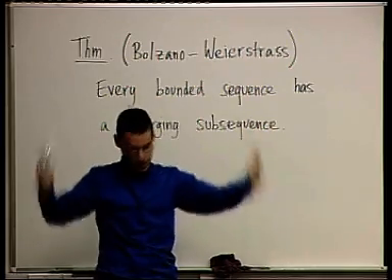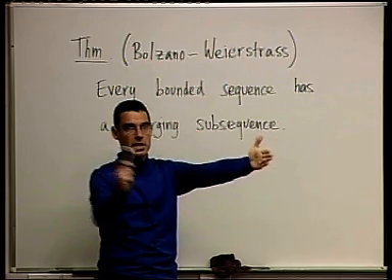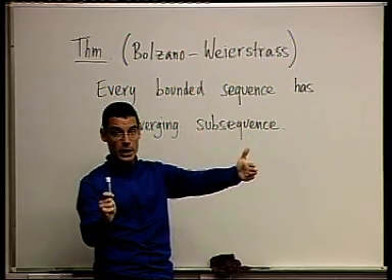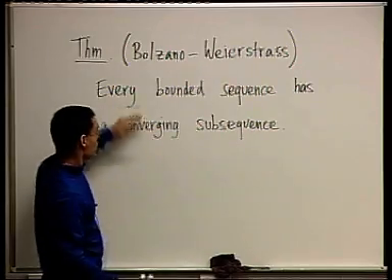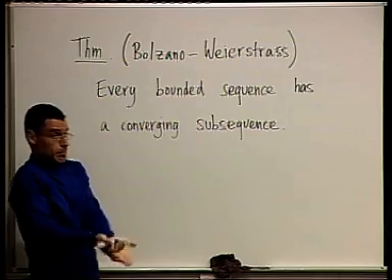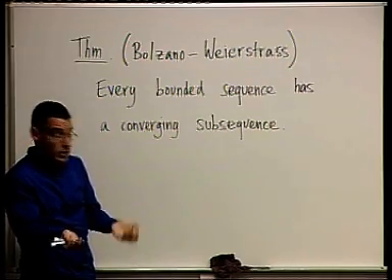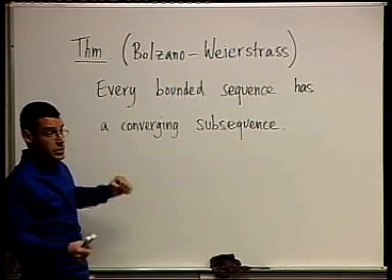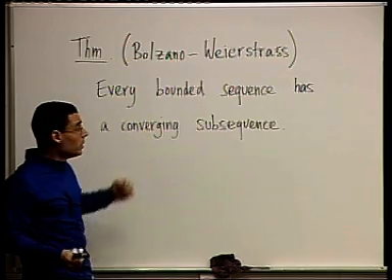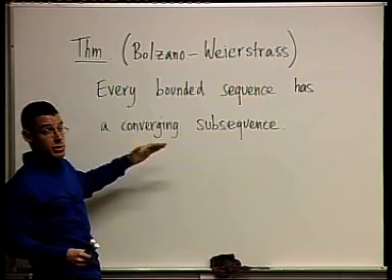Somewhere there's going to be a subsequence converging. Okay? And that's it. There's no additional data. That's all you have to work with in a bounded sequence. How do you tackle something like this? This is not a trivial statement, but it's true, and it's very, very important and useful in theorems to come.